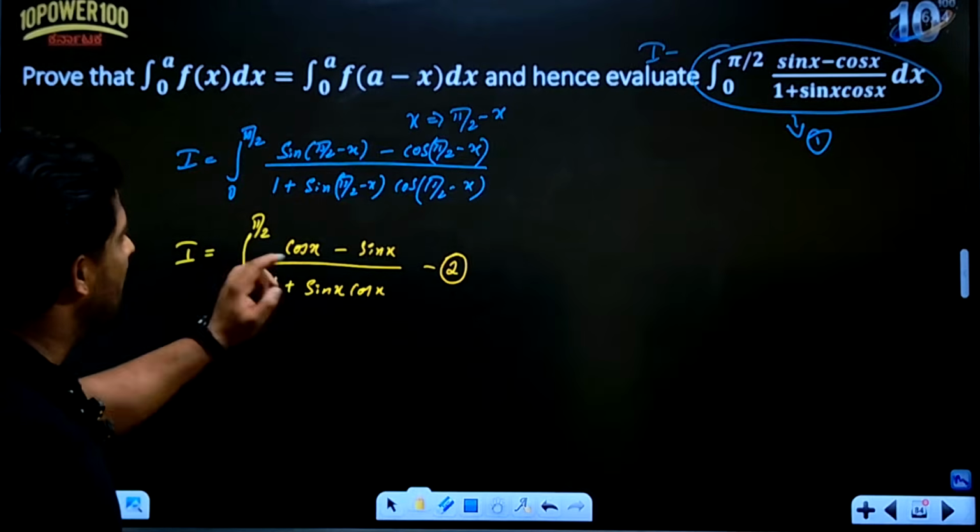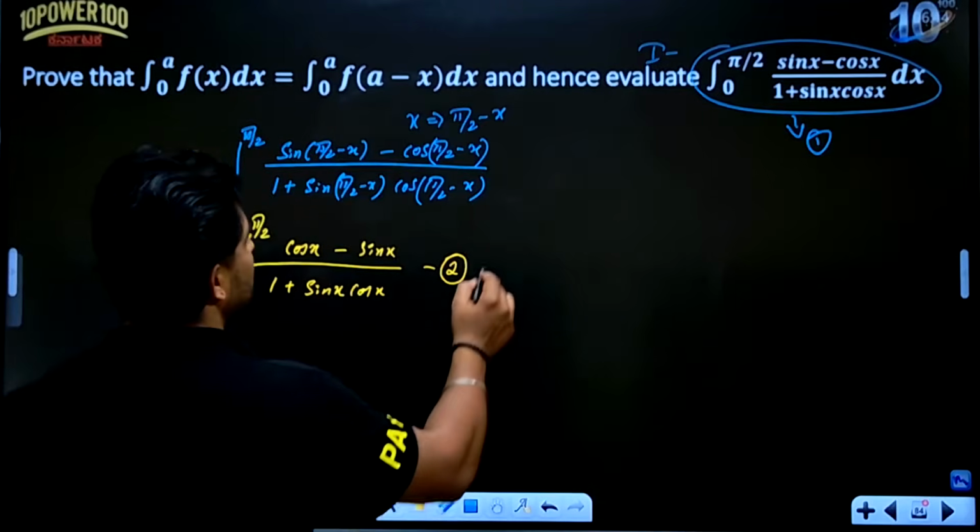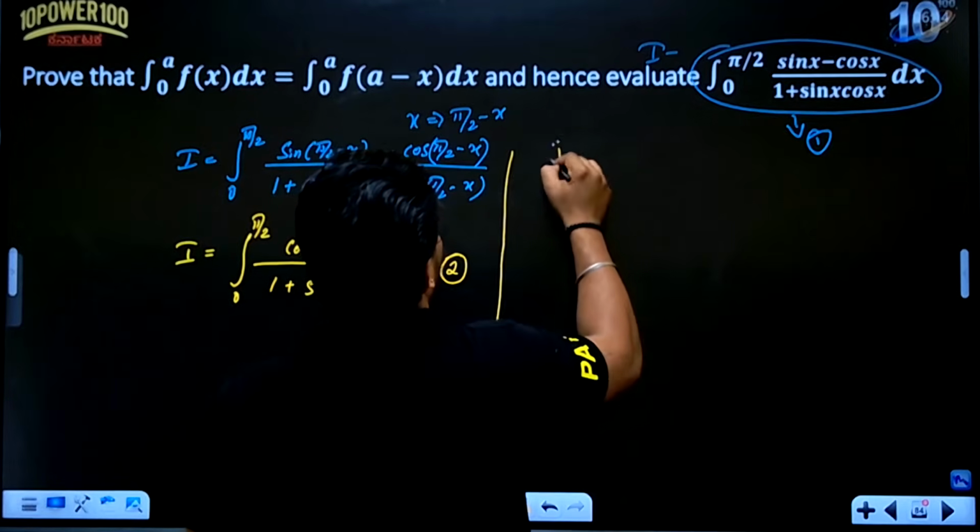Okay? So now if you add equation number 1 and equation number 2, once again the same rule. Add 1 plus 2.